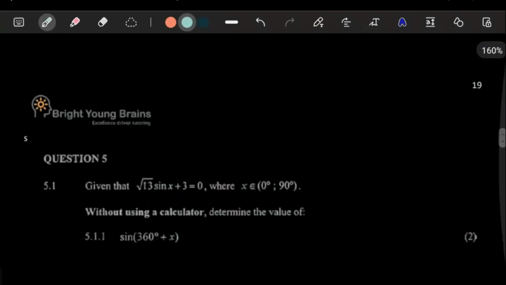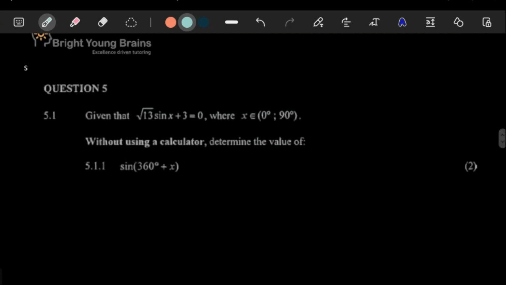Okay, question number 5. For 2 marks, let's see what the question says. It says given that this equation is equal to 0, where our x value is between 0 and 90, let's try and draw our sketch here.